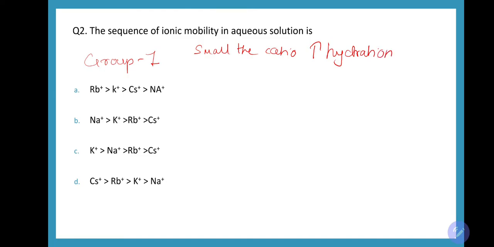And its effective size will also increase. So the size will increase, and hence we can say that mobility will decrease.